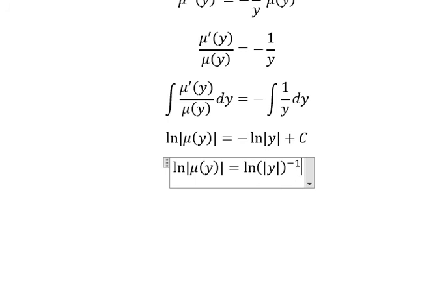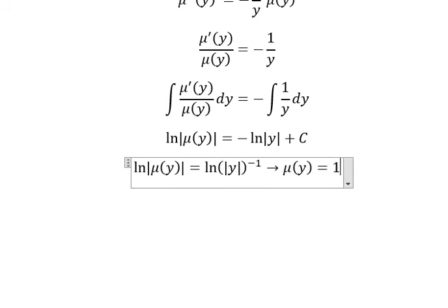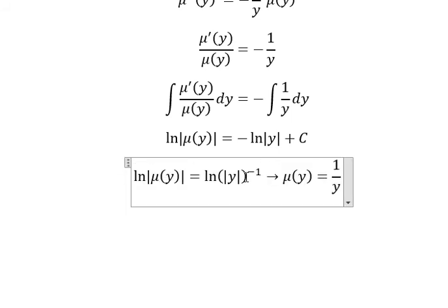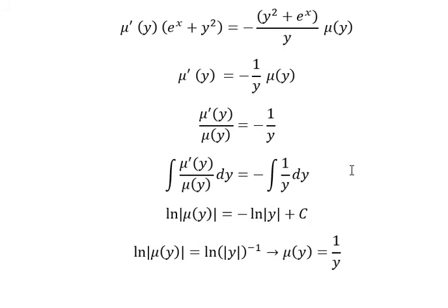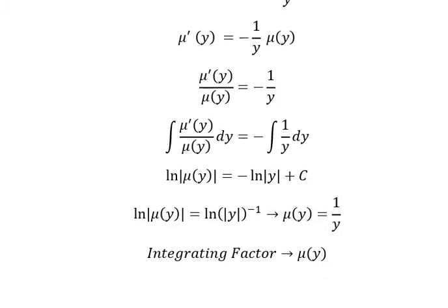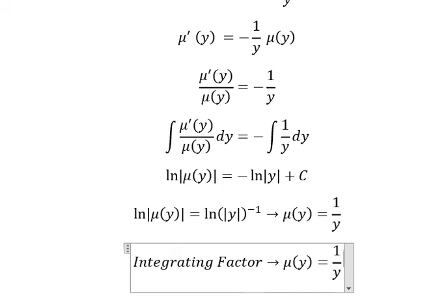And now, if we simplify and we got about mu y equals to 1 over y, because y to the power of negative number 1, that's about 1 over y in here. And now, that means integrating factor in here, we should have about 1 over y.